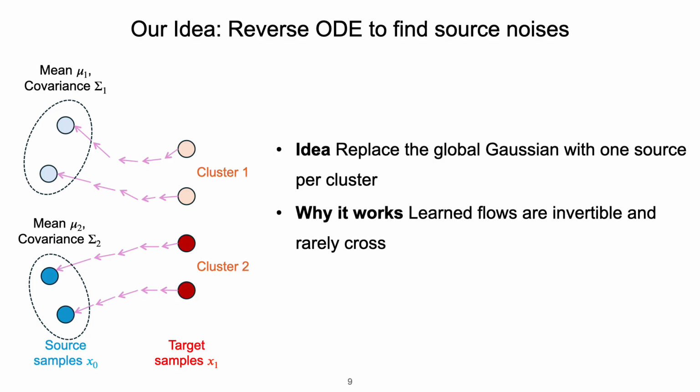So our idea is really simple. Instead of one global Gaussian as the source, we cluster the data and give each cluster its own source distribution. This way, the velocity field from each source to its target becomes more aligned, and the paths are naturally straighter.